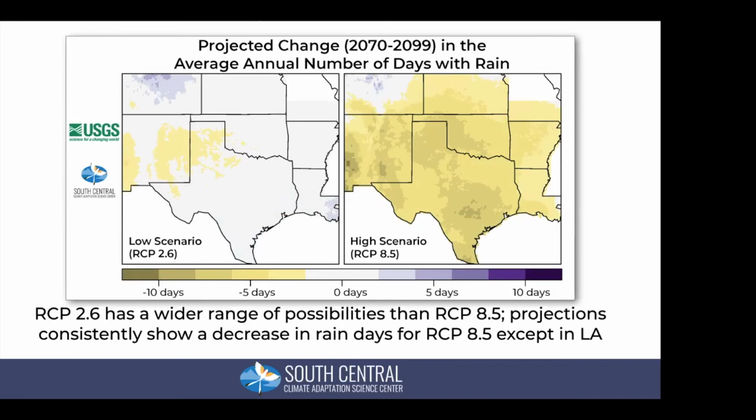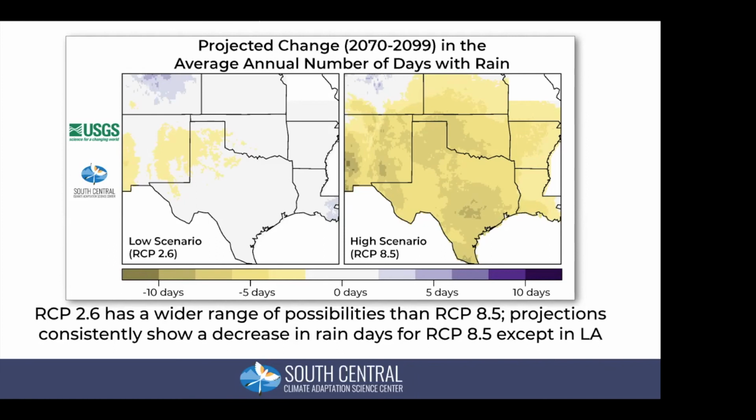The 27 projections that are averaged for the left panel have different locations of where the higher and lower values of change are located. So our confidence in the locations of the light yellow and light purple regions is low for RCP 2.6.